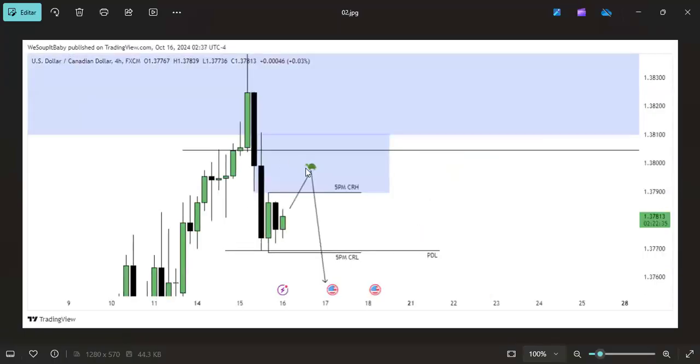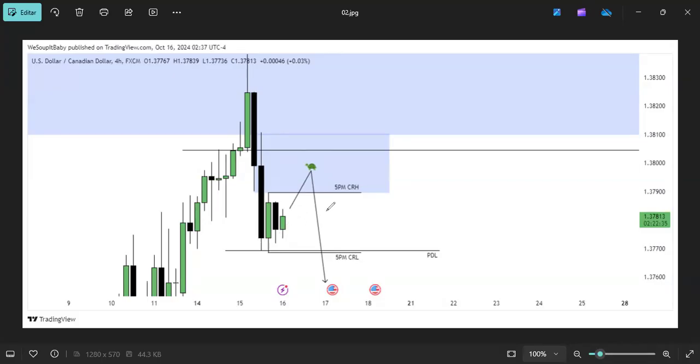As you can see, as we had a volume imbalance on daily, we also had a volume imbalance on the 4 hour time frame, which made this setup more accurate and more clarified, because we had confirmation inside the confirmation. We had a daily confirmation and a 4 hour confirmation.